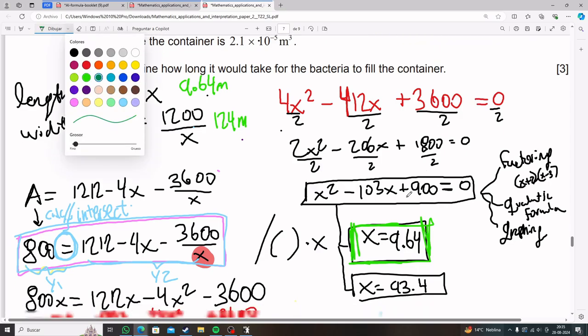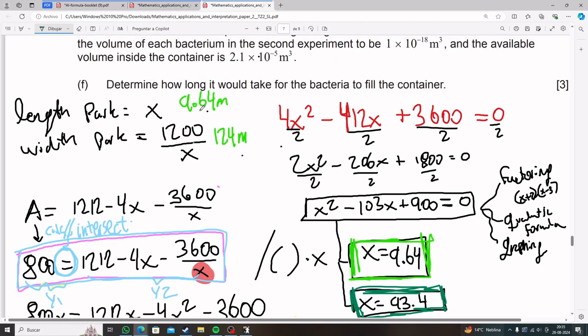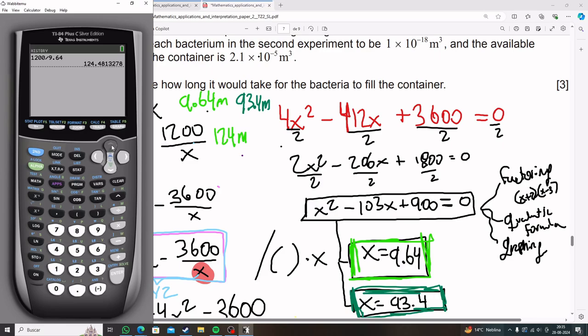Or the scenario in dark green, with the other value of x, would be a length of 93.4 meters and a width of 1,200 divided by 93.4, which would give you 12.84.